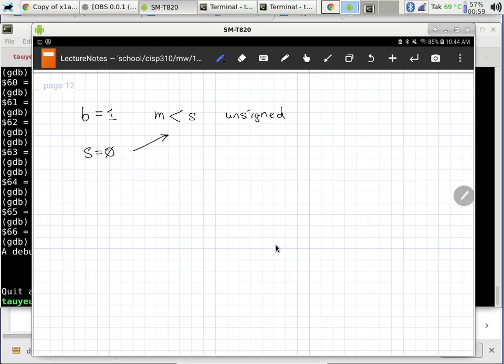Okay, so there are two ways to proceed at this point. If the overflow flag is also a 0, that means the minuend is not less than the subtrahend, or the minuend is greater than the subtrahend, but this is using the signed interpretation. If the overflow flag is a 1, then the minuend is actually less than the subtrahend, but also using the signed interpretation.